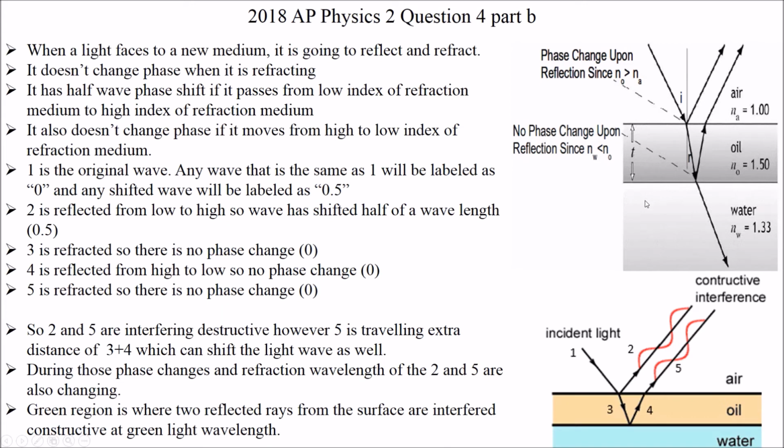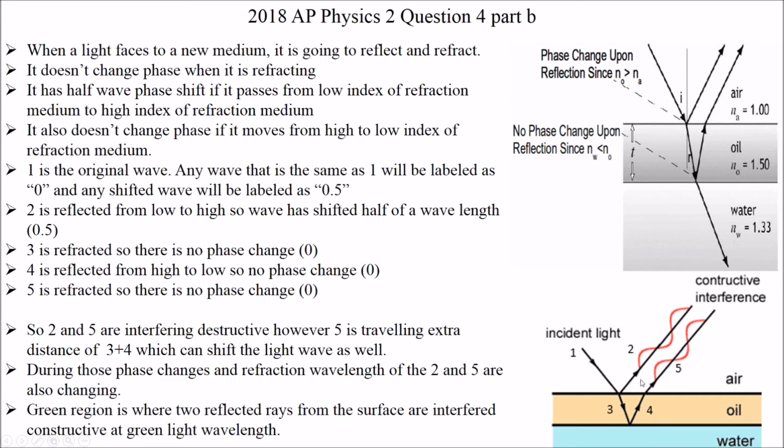So what is happening in thin films? When you have certain layers, different mediums, then light is going to reflect and refract. And when light is refracting, it doesn't actually change the phase. Phase means the wavelength is not going to shift.